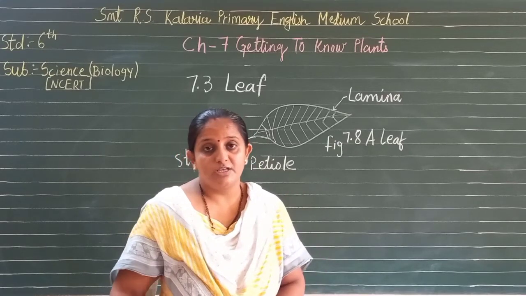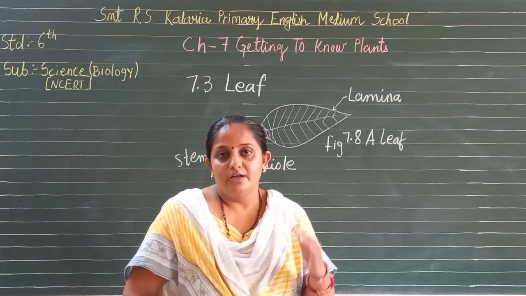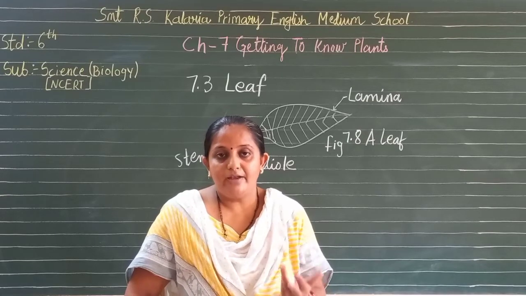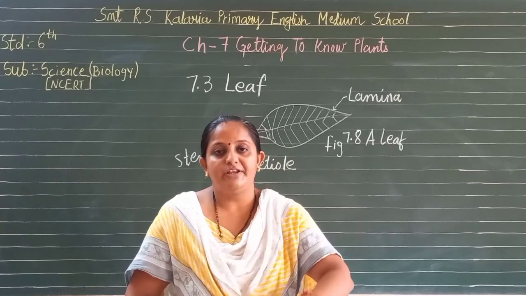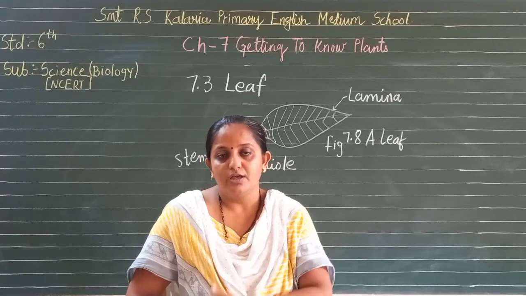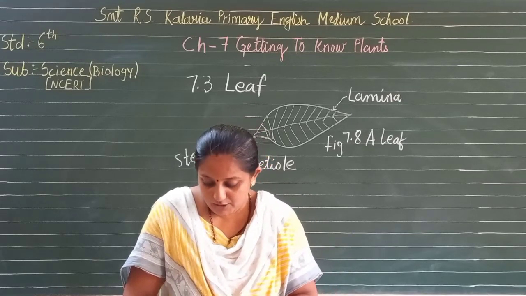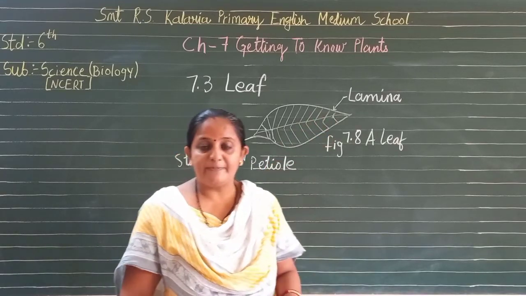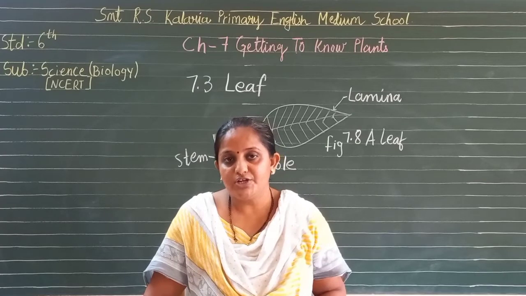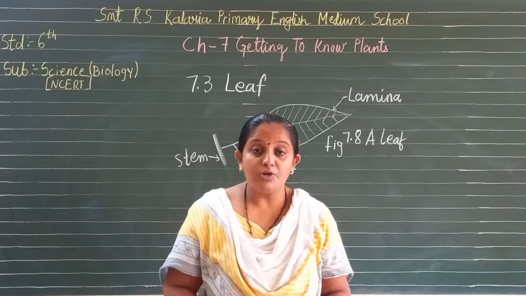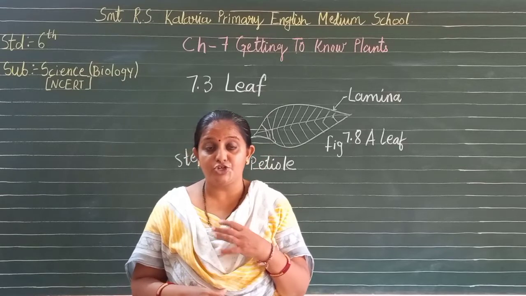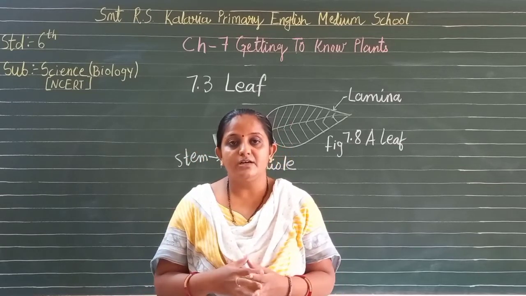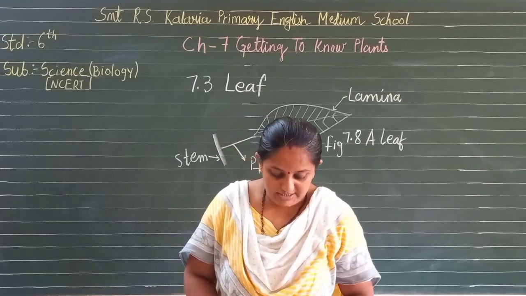There are two types of venation in leaves: reticulate venation, a net design-like structure on both sides of the leaves, and parallel venation, in which the veins and midrib go parallel. We also understand the function of the leaf, that is transpiration. In this process the plant releases a lot of water into the air and makes the surroundings cool. So this is about this.